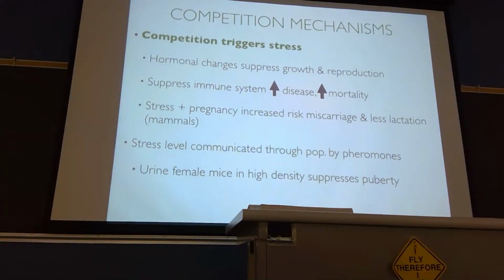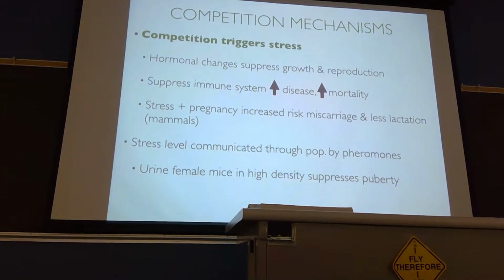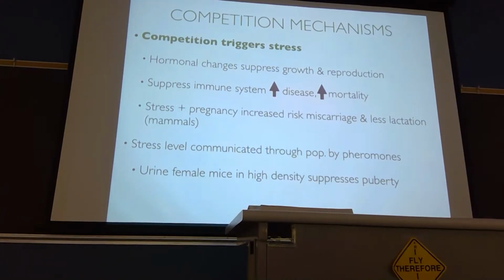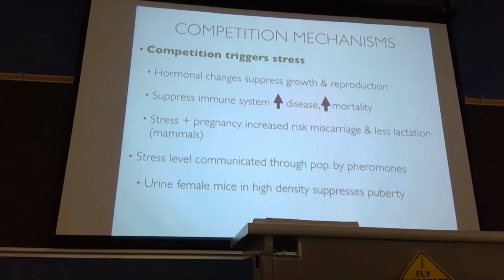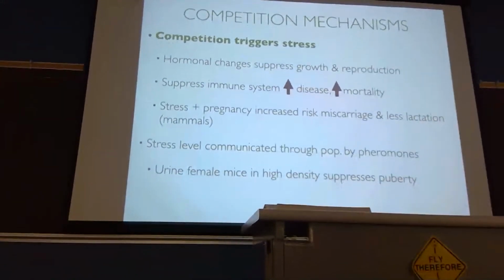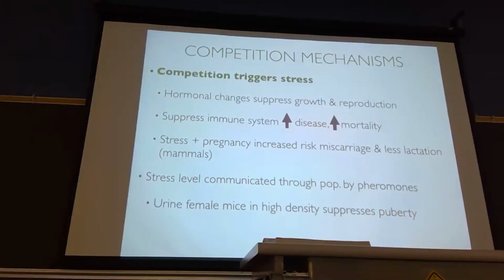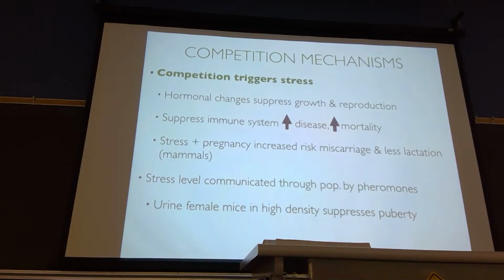These are released volatile compounds that are smelled or absorbed by other individuals in the population. And that can cause hormonal changes in the individuals that receive the signal, to the point that they reduce their reproductive effort as a result of those hormonal changes, or they reduce their overall growth rate.